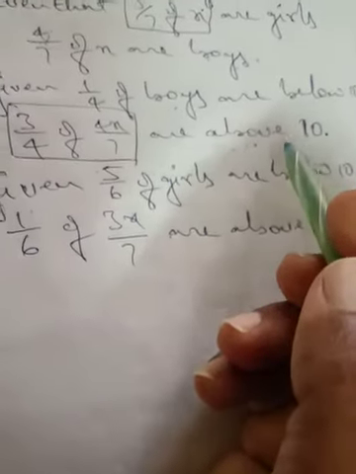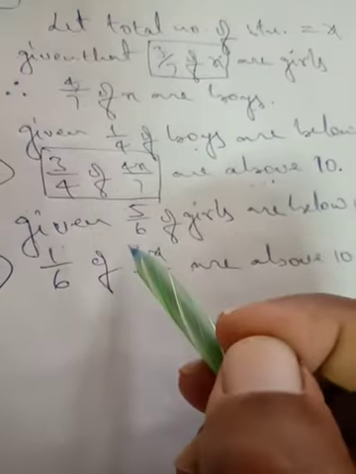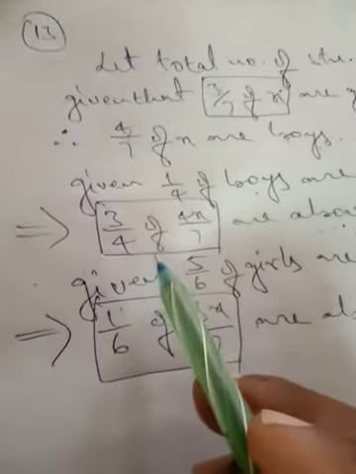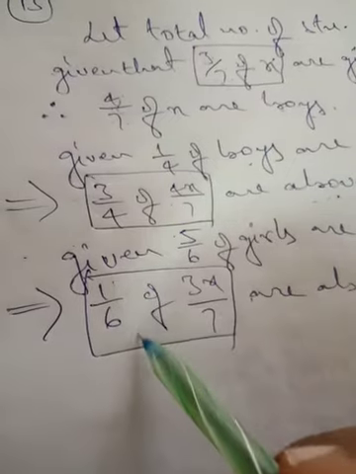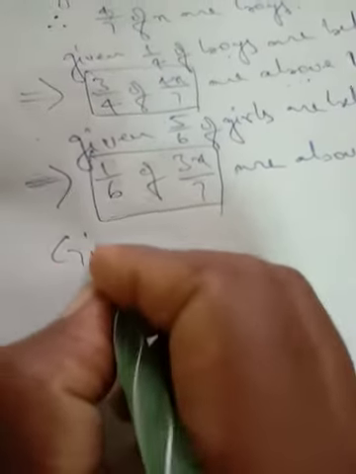What do we have to add? The above 10 age group people we have separately: 3 by 4th of 4x by 7 has to be added to 1 by 6 of 3x by 7. Let us see both of the things given about above 10.